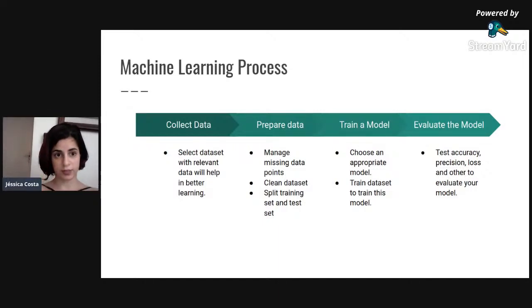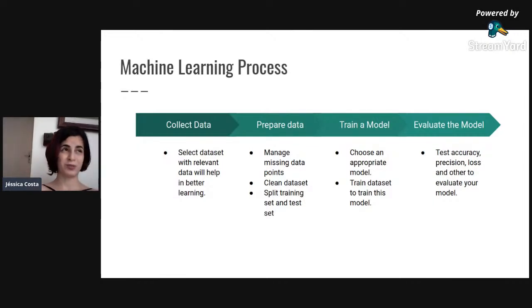We need to collect data and understand the significance of this data for your model. Select a data set with relevant data. Let's emphasize relevant data for better learning. Significant data is very, very useful to achieve better results.